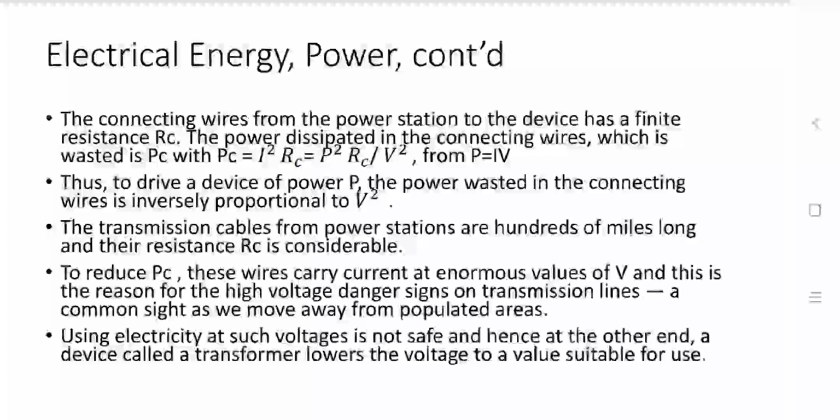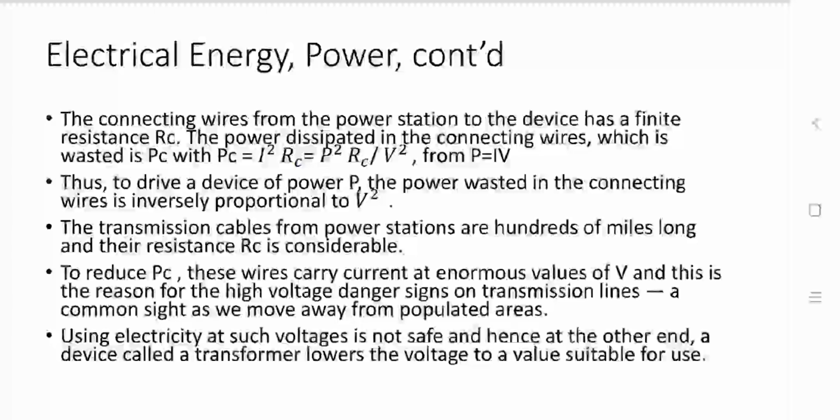So PC, the power loss due to that connecting wire, is P squared, where P is the power generated at the power station, times RC, the cable resistance, divided by V squared, the voltage source we have connected. So to drive a device of power P, the power wasted in the connecting wires is inversely proportional to V squared, where V is the voltage we have connected as an external source.